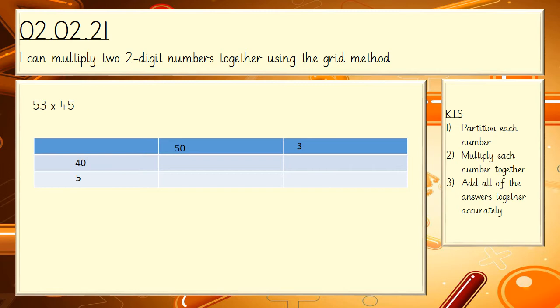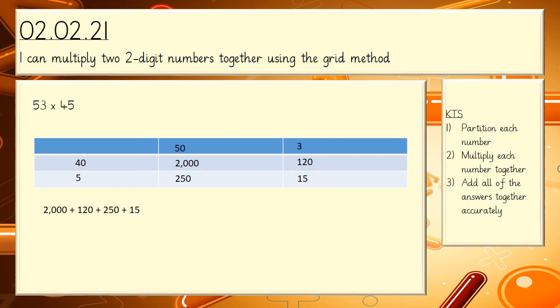Now multiplying those together, so 40 times 50, did you do 4 times 5 and then with the extra 2 zeros on the end? That would make 2000, because 4 times 5 is 20, with the extra 2 zeros, 2000. Then 40 times 3, 4 times 3 is 12, with the extra 0 would make 120. 5 times 50, 250, then 5 times 3, 15.